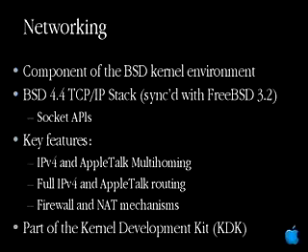It should be noted that networking is also a component of the BSD kernel environment. In fact, it's based on the BSD 4.4 TCP/IP stack, and over the past year, we've spent some time syncing that stack with FreeBSD 3.2. So there's a lot of very cool stuff that's been going on in the BSD community in terms of evolution of the IP stack.